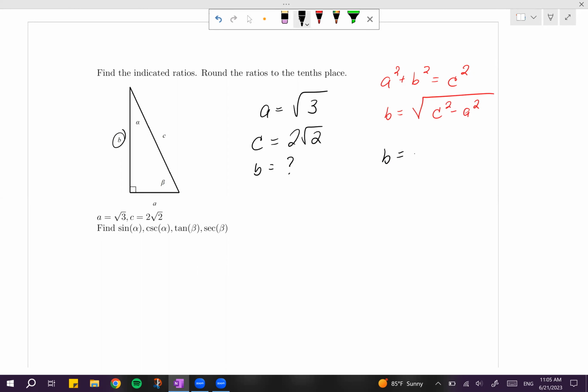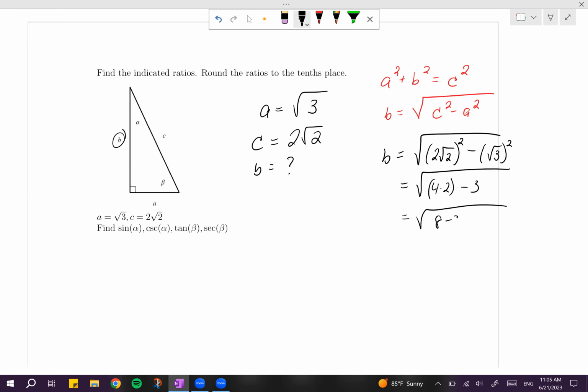So b is equal to the square root of c squared, which is 2 square root of 2 squared, minus a squared, which is square root of 3 squared, which is the square root of 4 times 2 minus 3, which is 8 minus 3, which is the square root of 5. All right, so our side B is square root of 5.